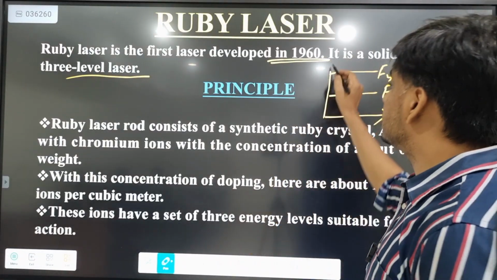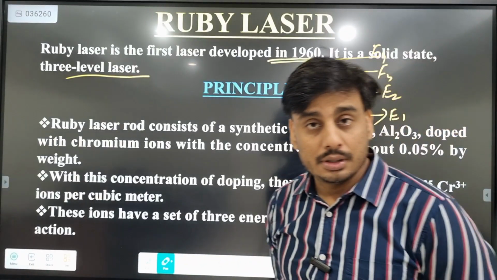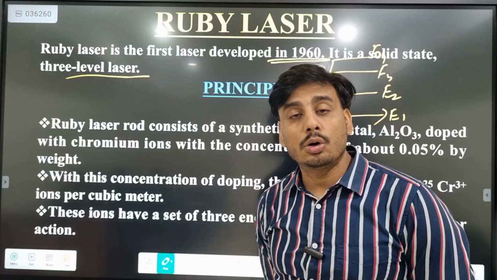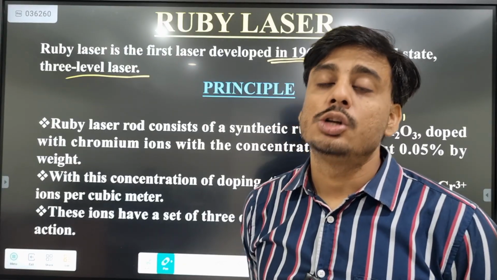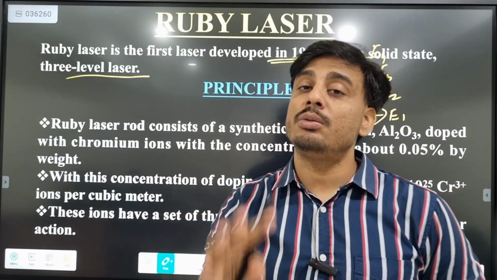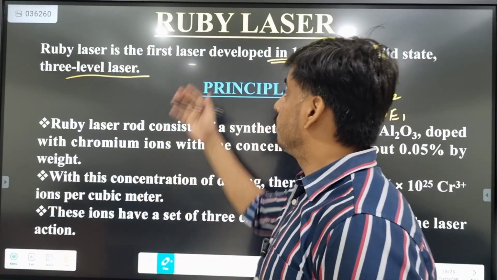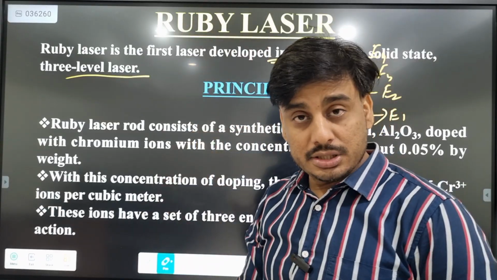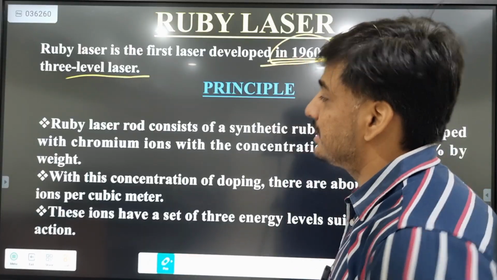If 4 energy states are used, E4 is also involved in the transition of electrons or particles in laser action. That is said to be a 4-level laser. So 3-level means 3 energy bands are involved, and 4-level means 4 energy bands are involved in the laser action. So the ruby laser is a 3-level, solid state laser, developed in 1960.